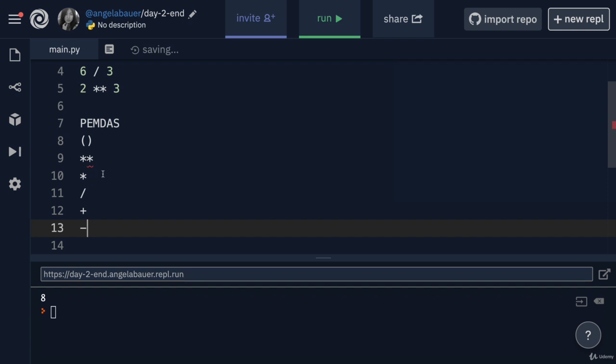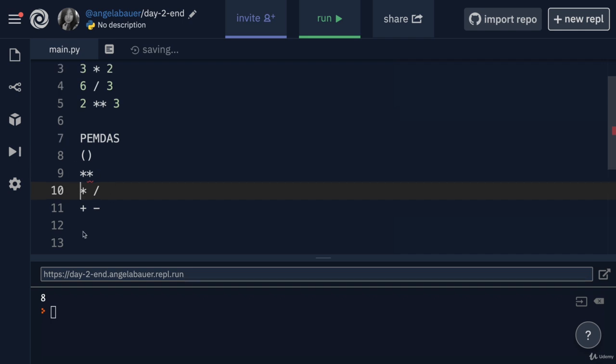Now, it's a little bit deceiving because of this order. It makes it seem as if multiplication happens before division, but actually they are equally important. And when it actually comes to your calculations, the calculation that's most to the left is the one that will be prioritized between multiplication and division.